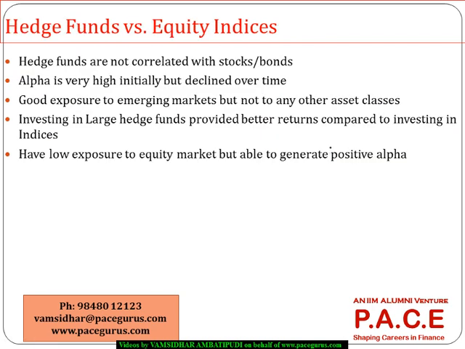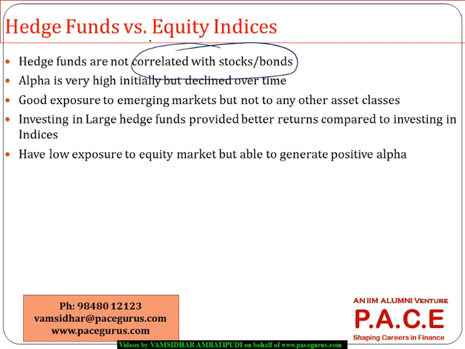So just looking at the equity market, any studies that were performed to date gave one particular conclusion in common, that the hedge funds are not correlated with stocks and bonds.